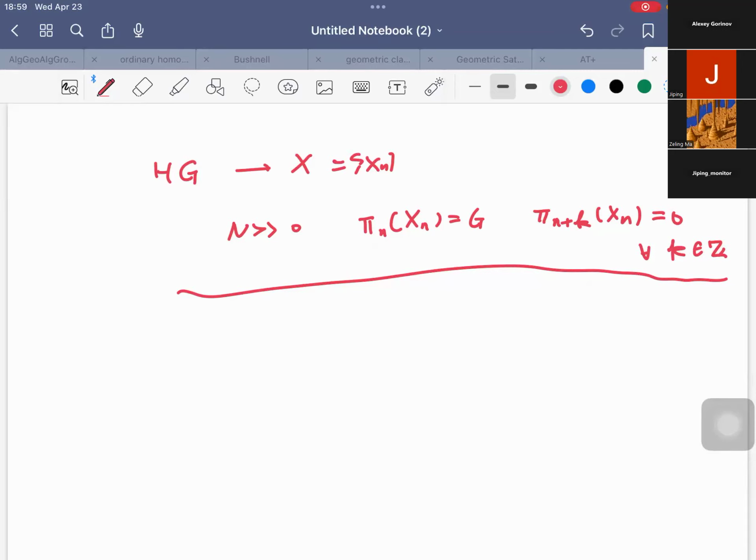Just knowing the homotopy groups is not enough. We need to construct a map going in one direction or in the other direction.